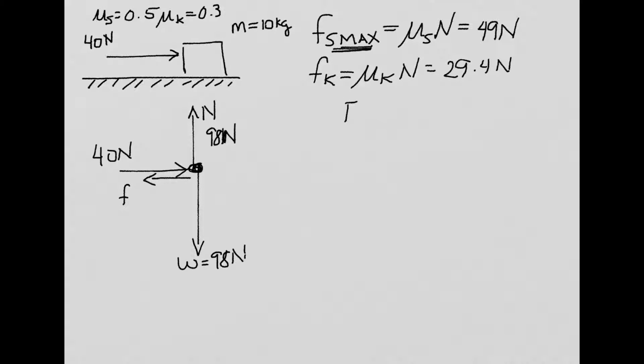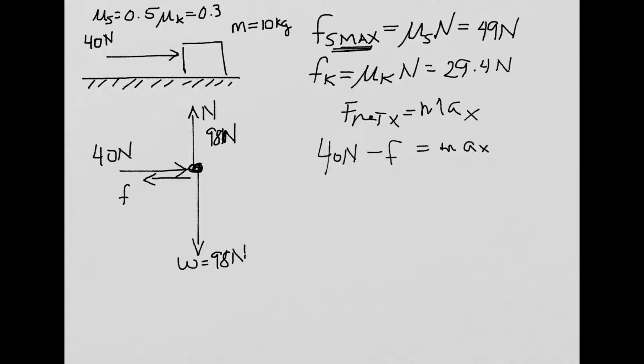In the x direction, F net x equals m a x. We have a situation where I've got 40 newtons pushing to the right minus friction equals m a x. Now, it's important to note that friction can never be stronger than the applied force. So in this situation we have 40 newtons of force.